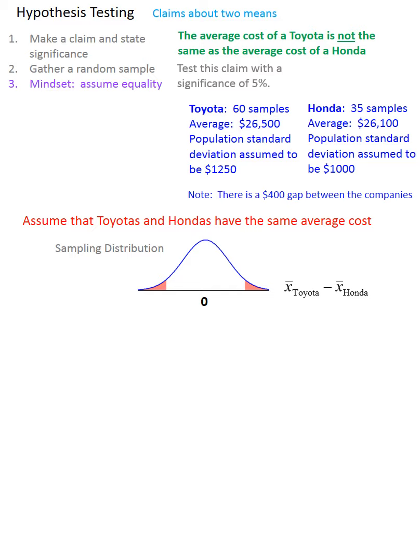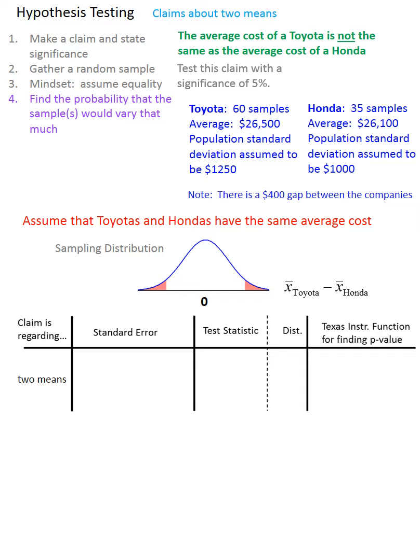That's what we're going to address when we move on to our second step, or fourth step overall, finding the probability of this $400 gap. So we have a claim here regarding two means, and for our standard error, we're going to use this formula.